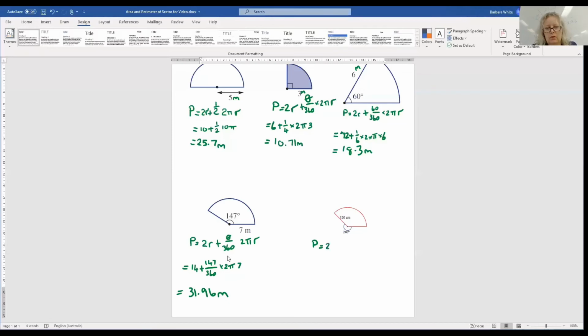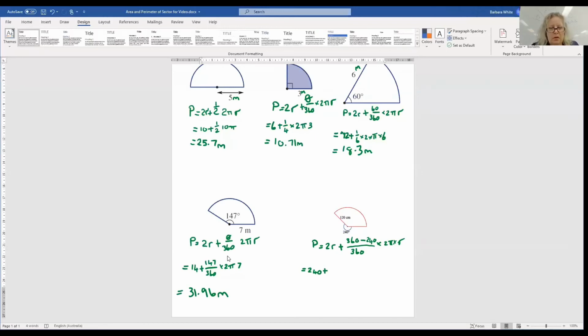Same here. Perimeter equals 2 times the radius plus, in this case, we're going to go 360 take away the angle that we've been given, which is 240, over 360, times 2 times pi times radius. And rewrite it. The radius is 120, so we've got 240 plus 120 out of 360.